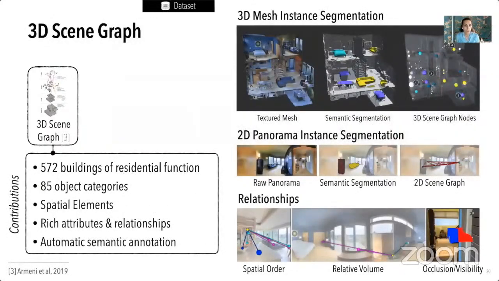And we were able to do that in a semi-automatic way that I will describe in a bit. But before that, I want to mention what this 3D scene graph addition of semantics to the Gibson database has. It has 3D mesh instance segmentation, 2D panorama instance segmentation, relationships between all the nodes, as well as rich attributes.